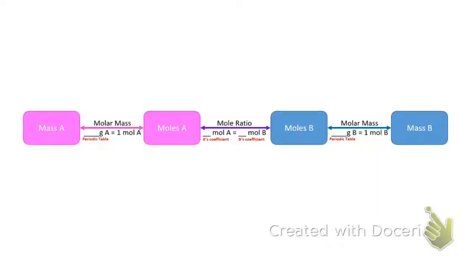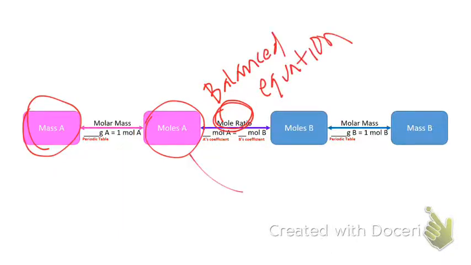we started stoichiometry. And remember, we could go from grams or moles of one substance, and we always use the mole ratio from the balanced chemical equation in order to convert between substances. This is the key for stoichiometry, going back and forth between two different substances, and we do that with a mole ratio.